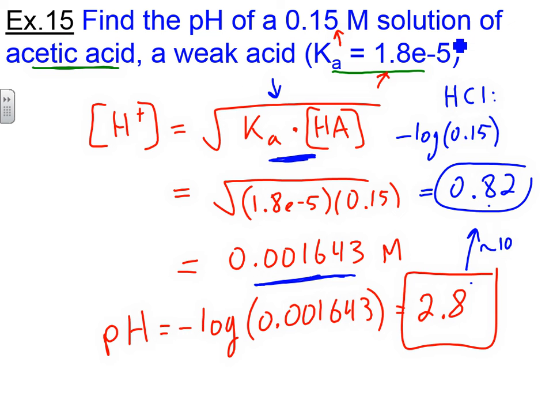And that's because the concentrations of the hydrogen ion are about 100 times bigger. And that's how this works. So simply, just plug into the equation. But the concept here to understand is that weak acids do not dissociate completely.